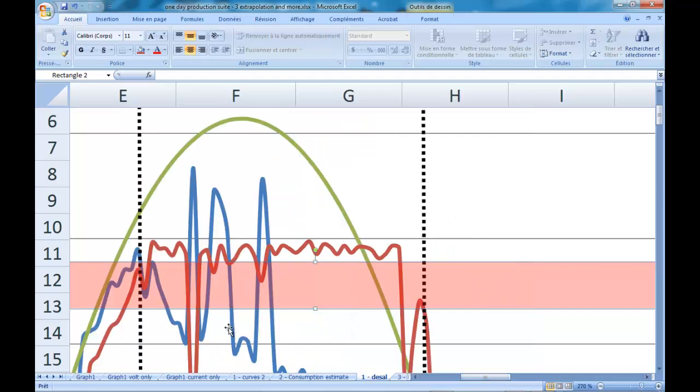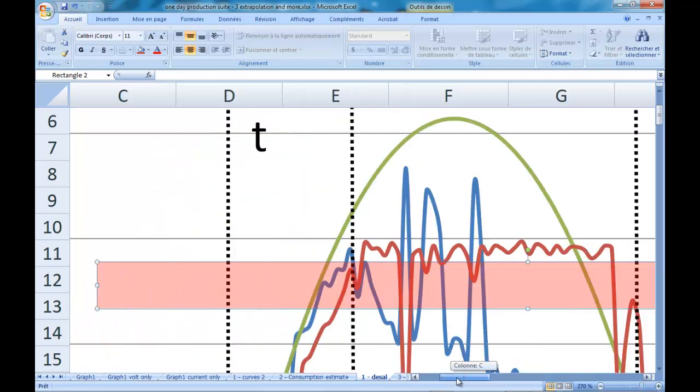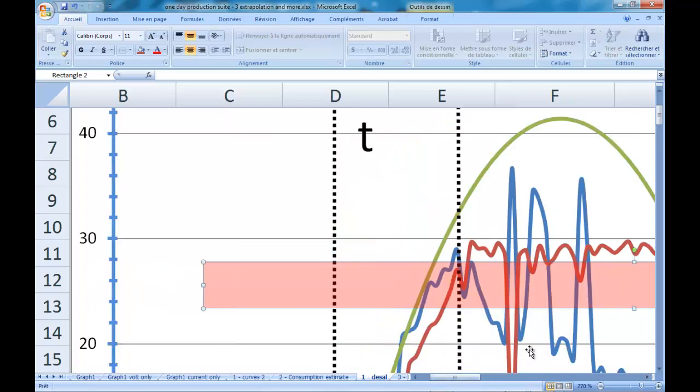Now this current increase is not changing the voltage, so in this area here we have 20 amps going to the battery and 15 amps going to the fridge.